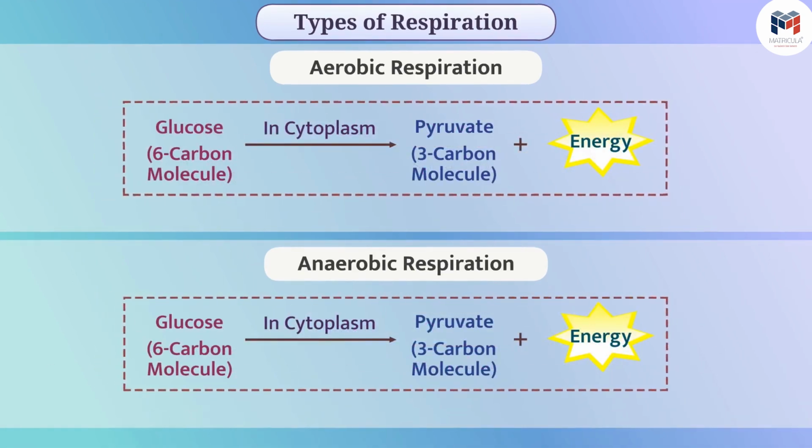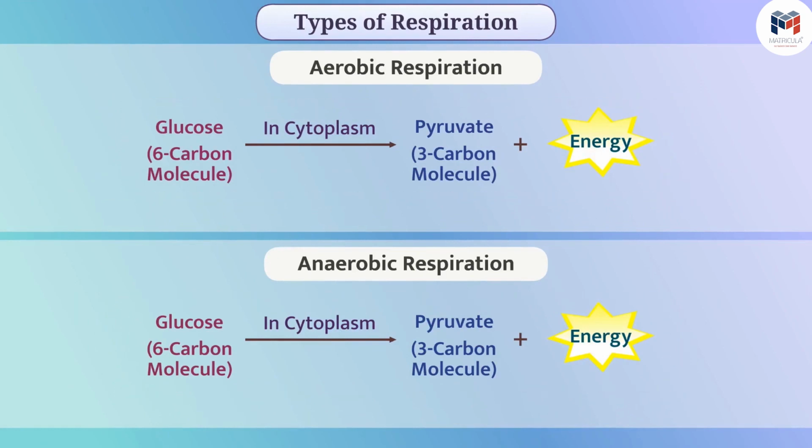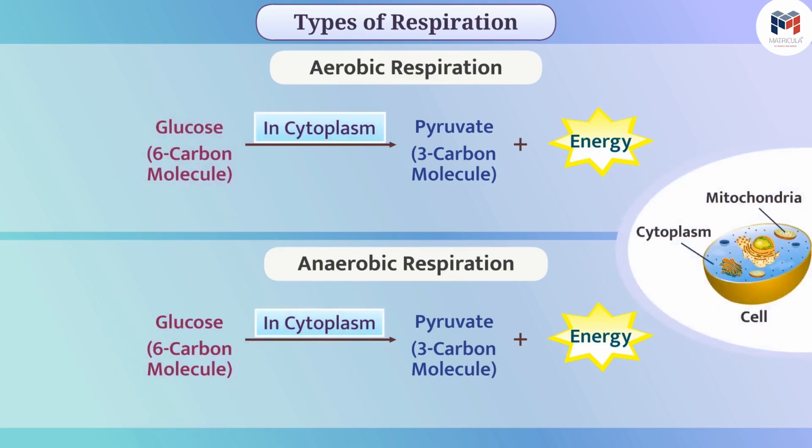The first step of both these processes is the same. In this process, 6-carbon molecule glucose present in cytoplasm of the cell is broken down into 3-carbon molecule pyruvate and energy is generated. Energy can be produced from the produced pyruvate molecules, but the method of production may vary.